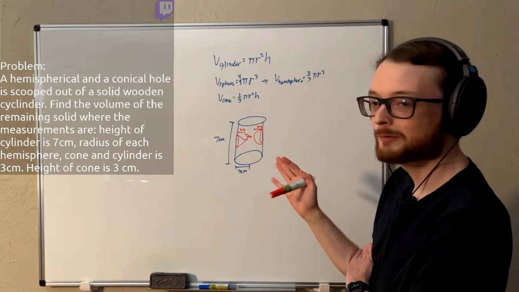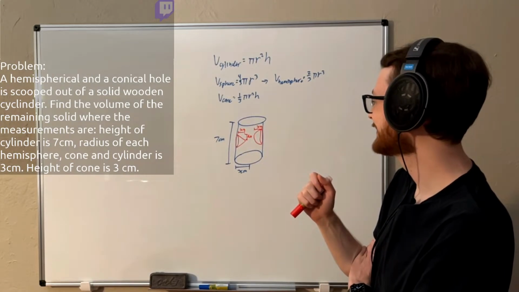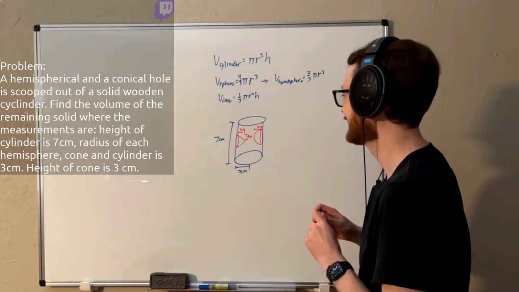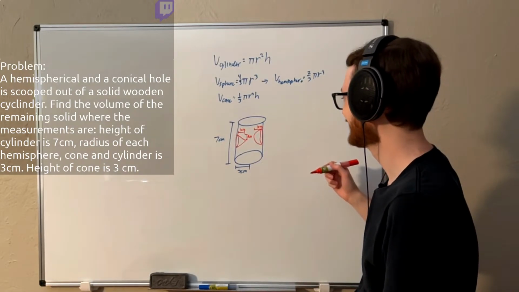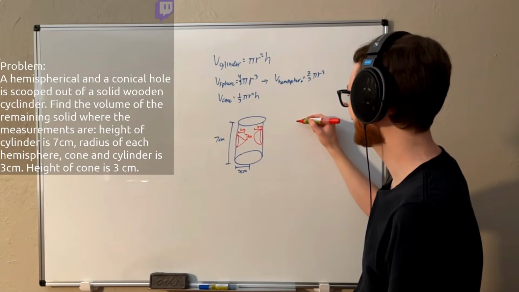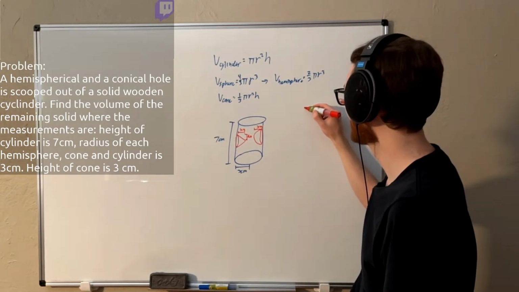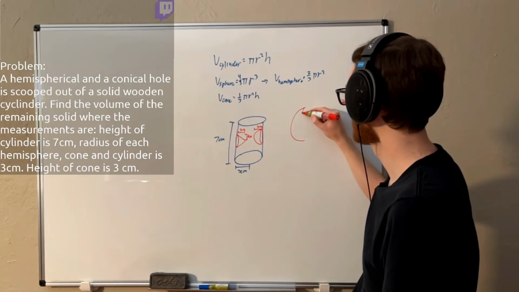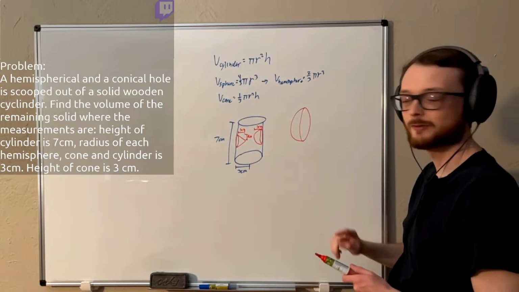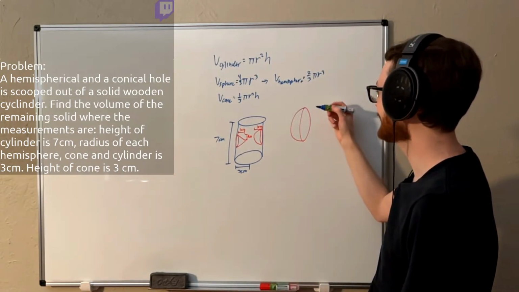Now I'm overthinking. I think I know what answer they want, but I feel like this question is weird because for the hemisphere, that's a flat surface, but the cone isn't flat.